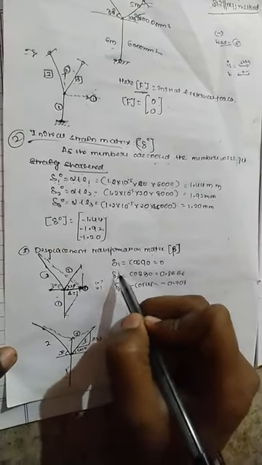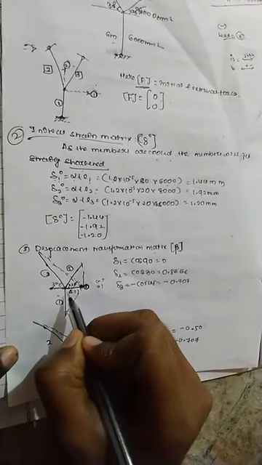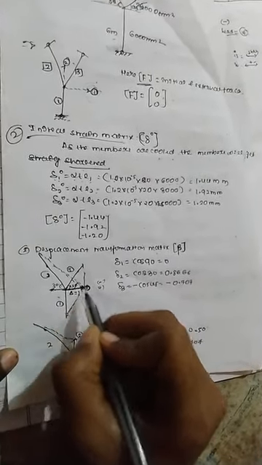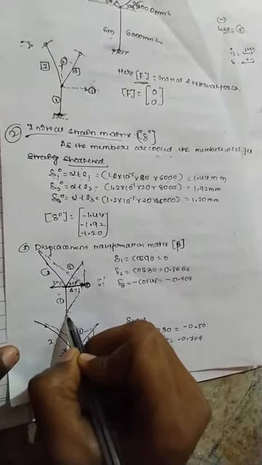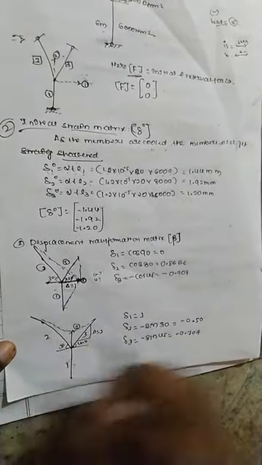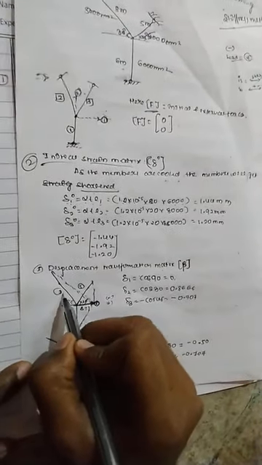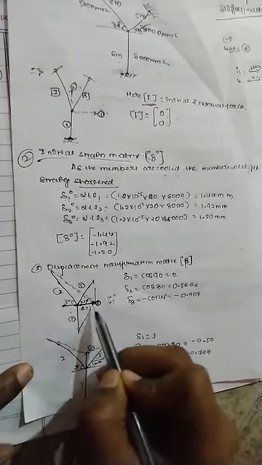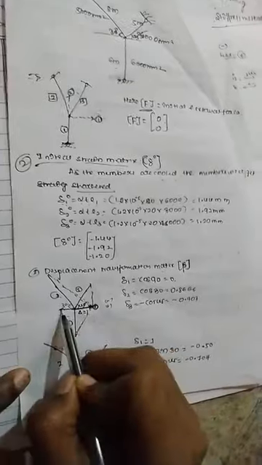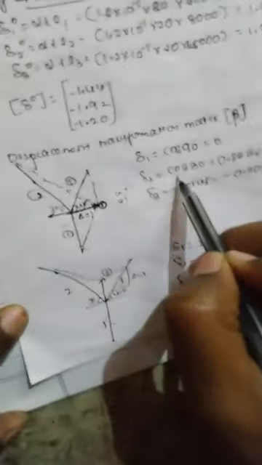So delta 1 is, this is 45 degree, this is 1, it is exactly perpendicular to the horizontal member. So cos of 90 is 0. When you consider the second member, cos of 30 in the opposite direction, so we consider it as positive, that is 0.866.